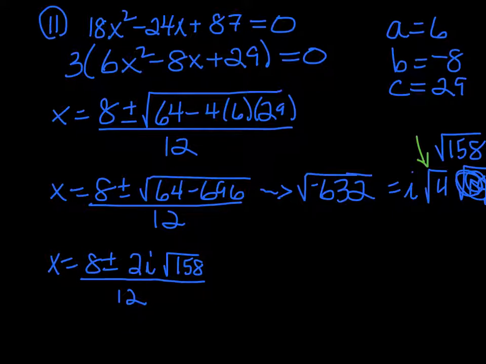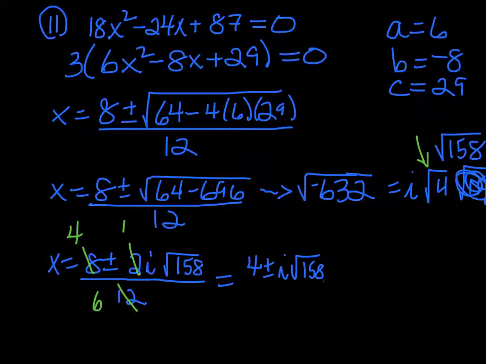I can see that I have a common factor there. So I can divide everything here, here, and here by 2. So if I divide by 2, then I am going to get a 4 here. I'm going to get a 1 here, and I'm going to get a 6 there, right? All right. And let's see. So if I keep going, that is going to give me 4 plus or minus i radical 158, sorry.